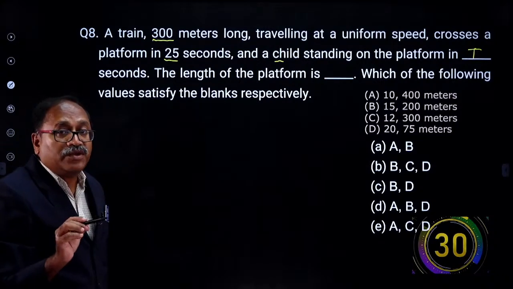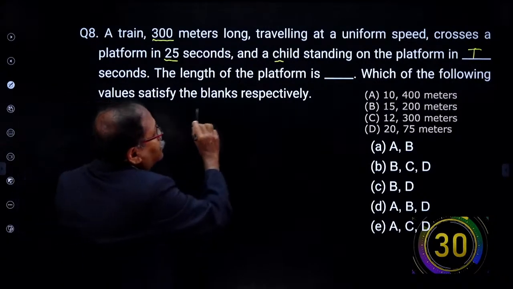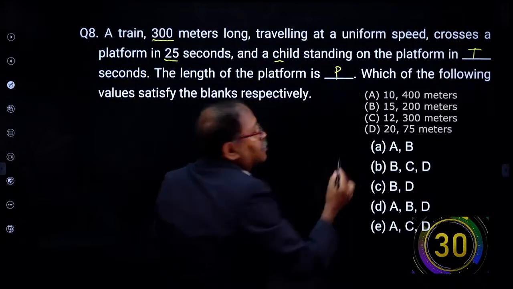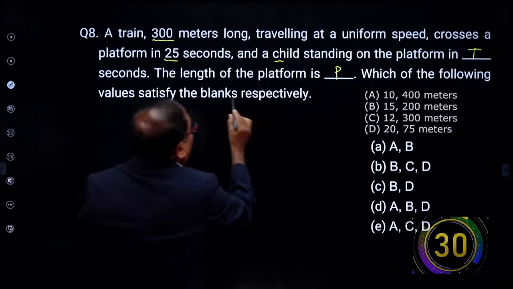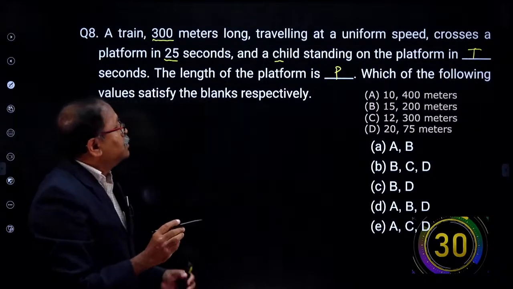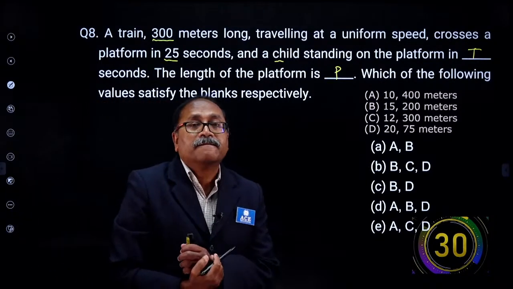That's what I need to find out. The length of the platform is P. Which of the following values satisfies the blanks respectively?